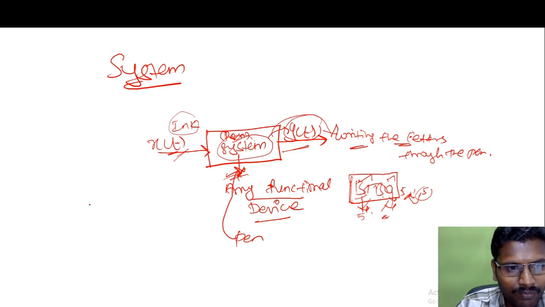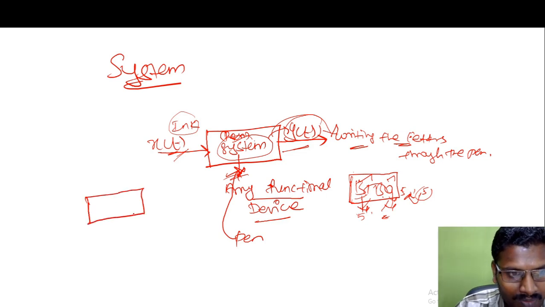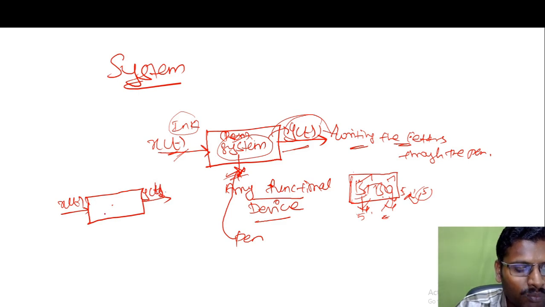I will give one more example for the system, right? Again, x of t as an input for the system and y of t is the output for the system. Here, let us assume a keyboard, right? Here I am typing a letter A, right?